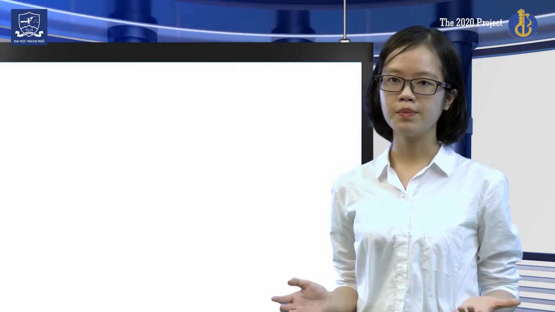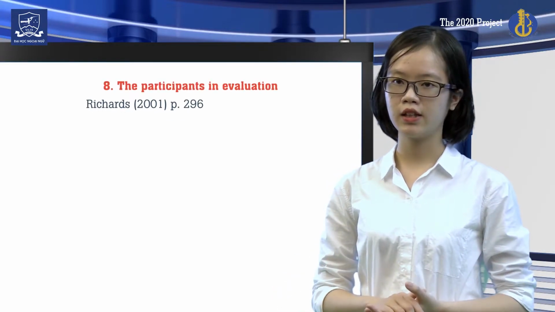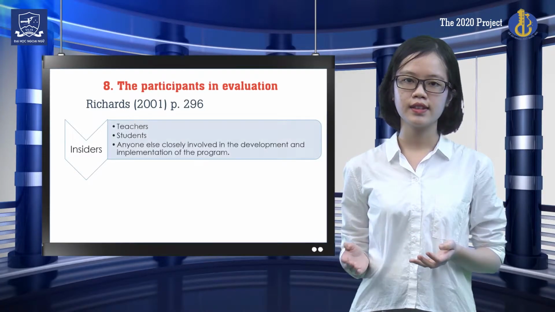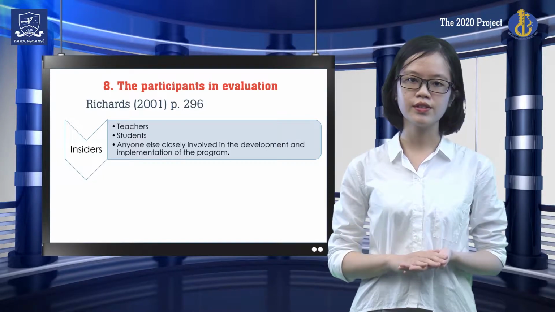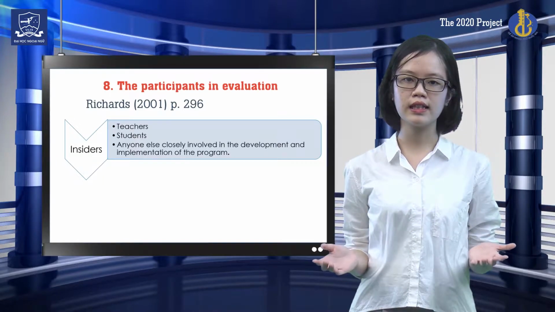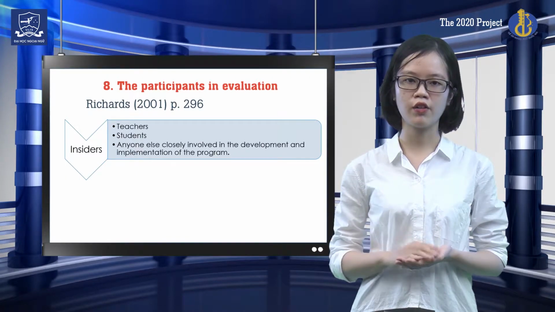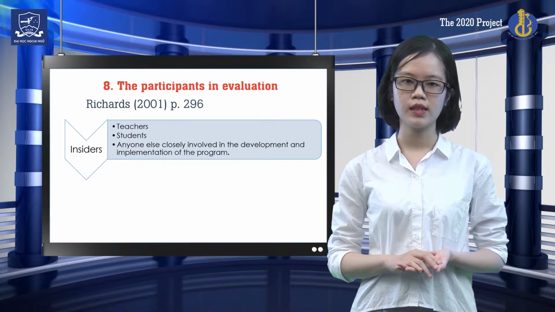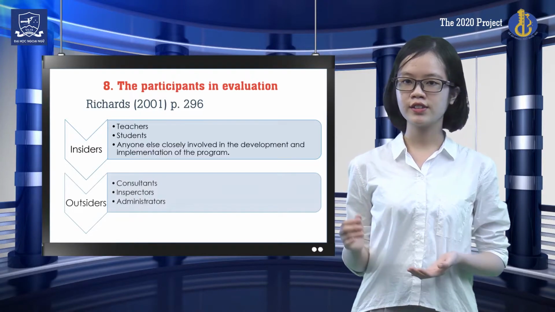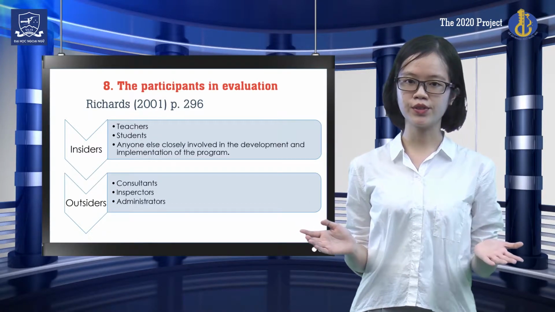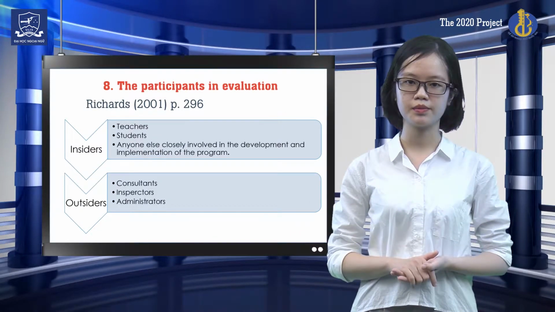Finally, the participants in evaluation may include insiders such as teachers, students, and anyone else closely involved in the development and implementation of the program, and outsiders such as consultants, inspectors, and administrators.